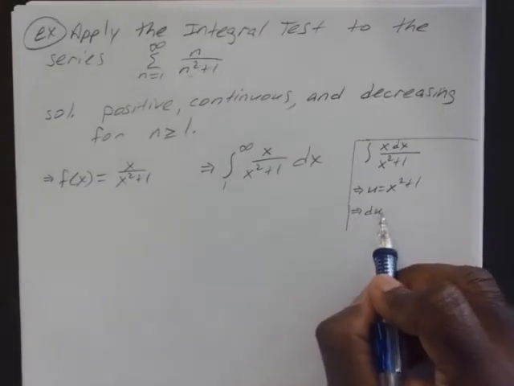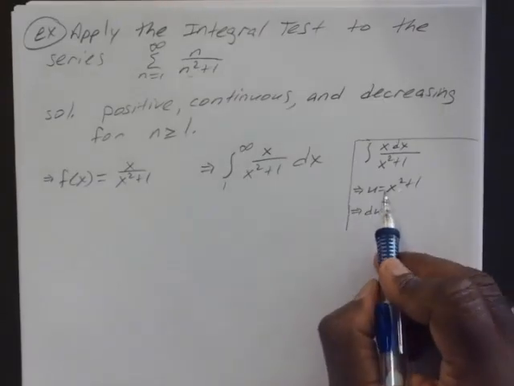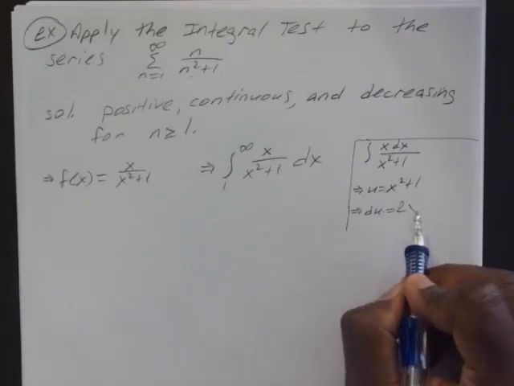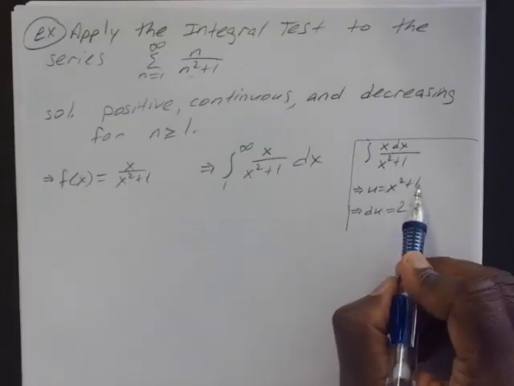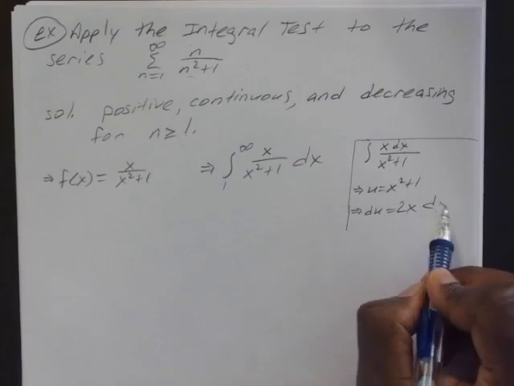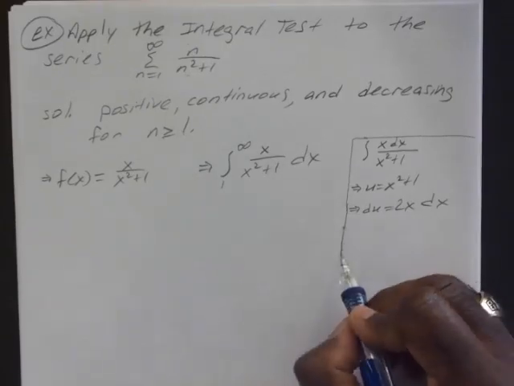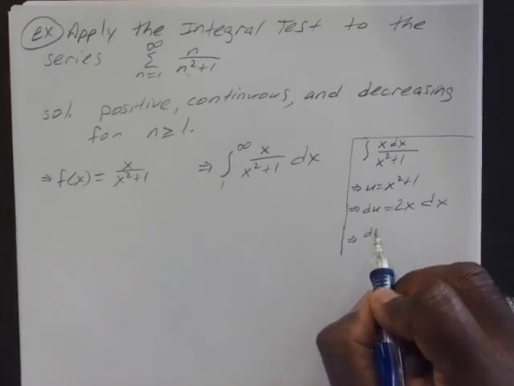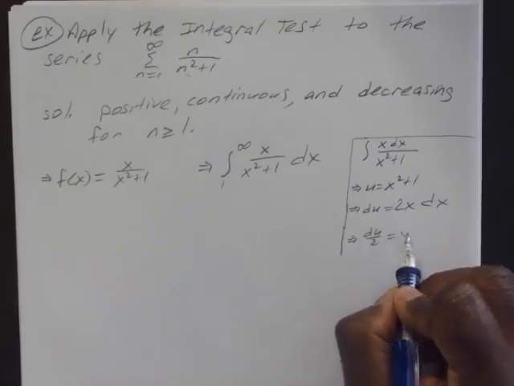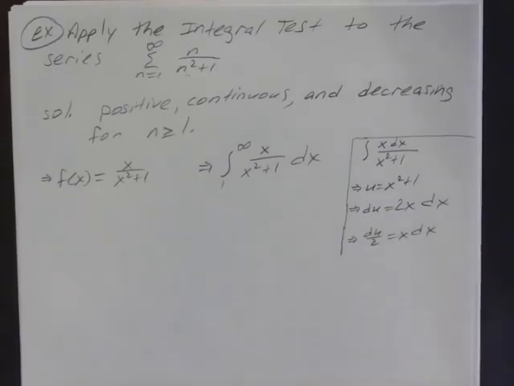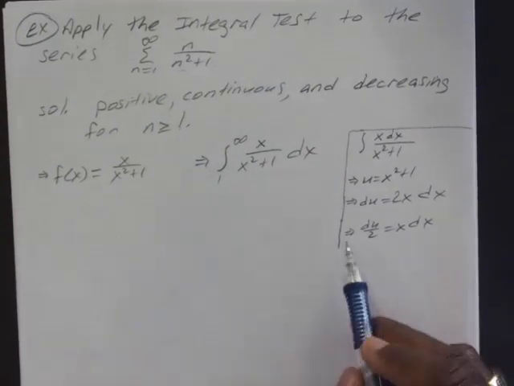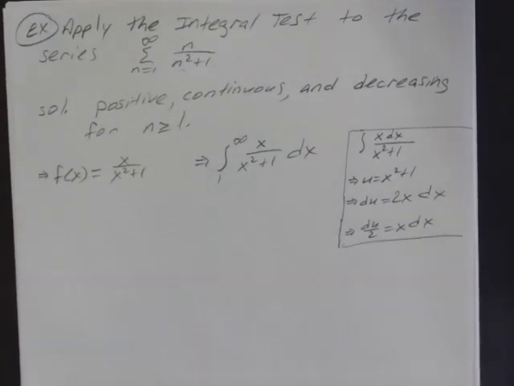Which means our du, the derivative of u, is just going to equal 2x plus the derivative of 1, which is 0, so 2x with respect to x. If we divide both sides by 2, we have du divided by 2 is equal to x dx. Or we can say 1/2 times du. Either one works.